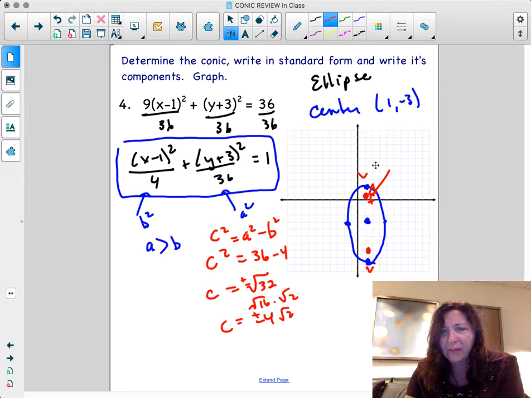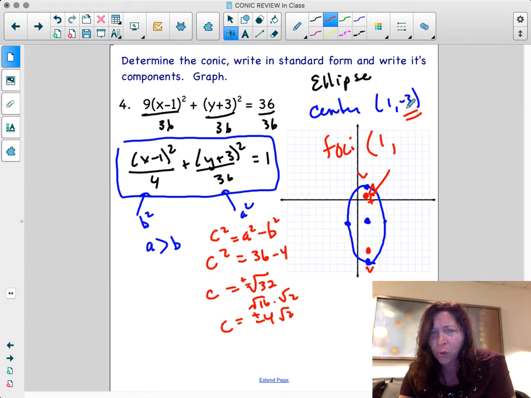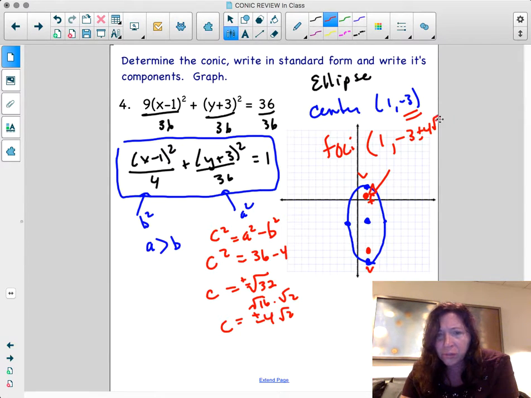So that means that for my center, I'm going to take my center to make my foci, and I'm going to go 1 comma. Again, because my foci are on my y-axis, I'm going to add the foci to my y-coordinate. So negative 3 plus or minus 4 root 2. Let me move that over.